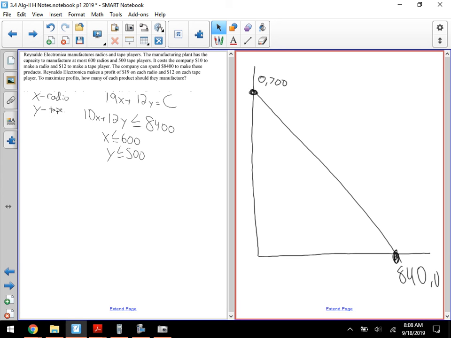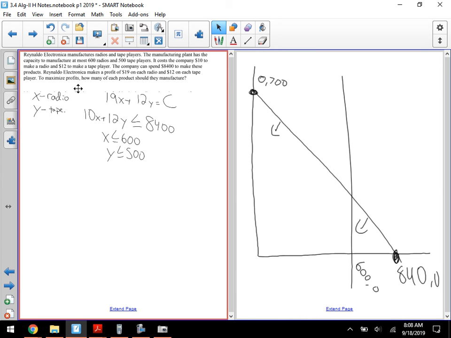Inward. Okay. You have a vertical then at x equals 600. So if halfway is 4-ish, 6 is somewhere over here. 600.